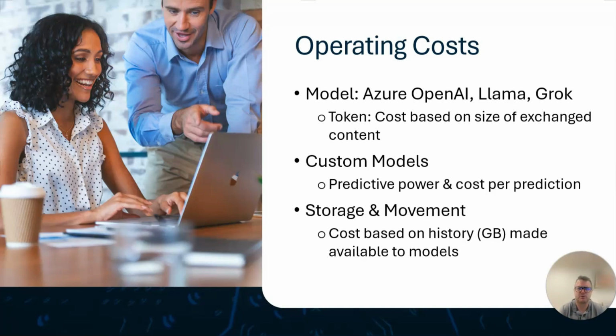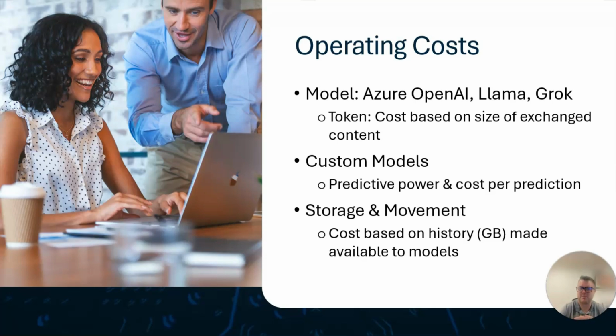And tokens are really determined based on the size of the content you exchange. And I'll go into a bit deeper level on that shortly. But at a high level, tokens are 1 penny USD per token. So a low cost, but depending on how many tokens you're using, that number can escalate pretty quickly.